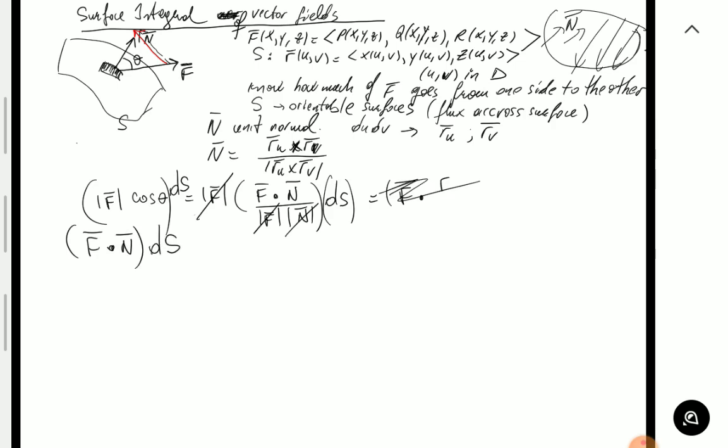This is the reason why in the formal notation you will see this type of writing when you define formally the surface integral over vector fields. But then when you evaluate it on the surface itself, that's the moment when you plug in the components of the surface into the vector field.